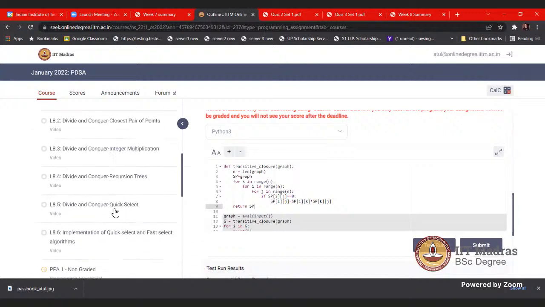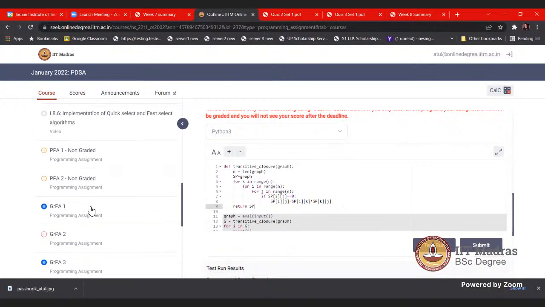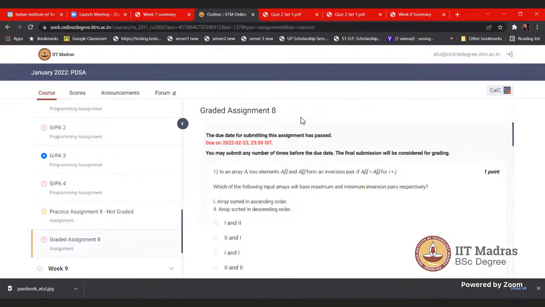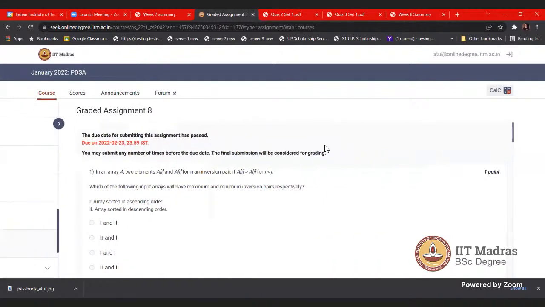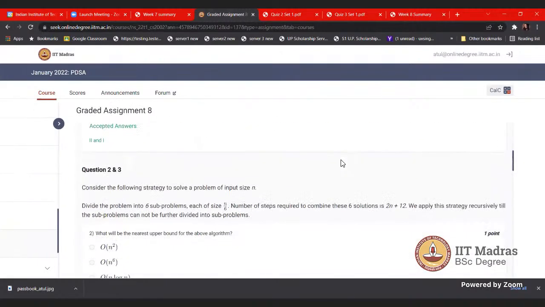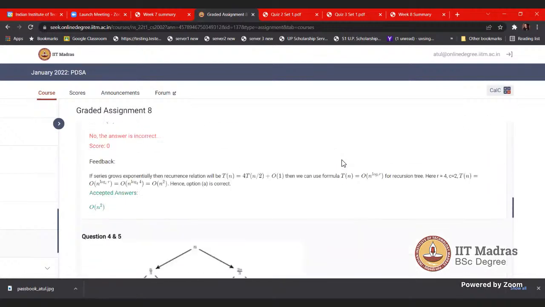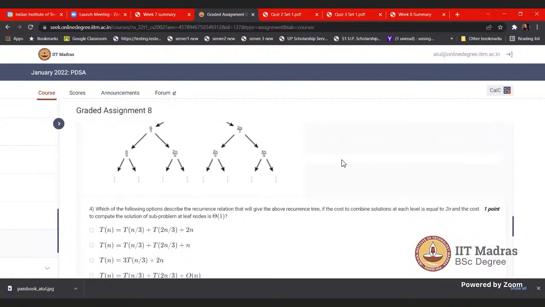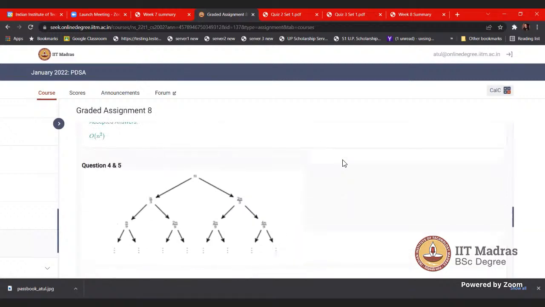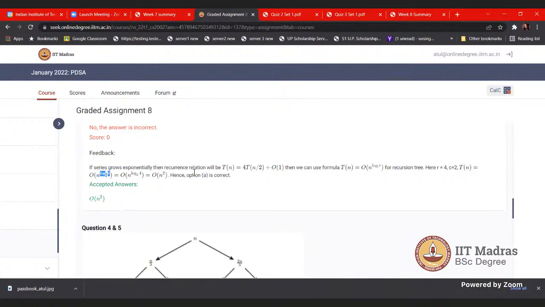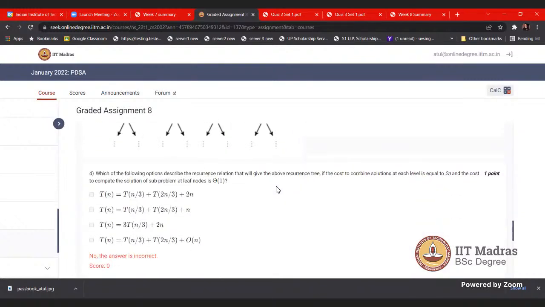Week 8 graded assignment, questions 2, 3, 4, 5. Sir, 2 and 3 also. This is actually formula based, which I have already discussed in the lecture. Okay, we will look at it again.